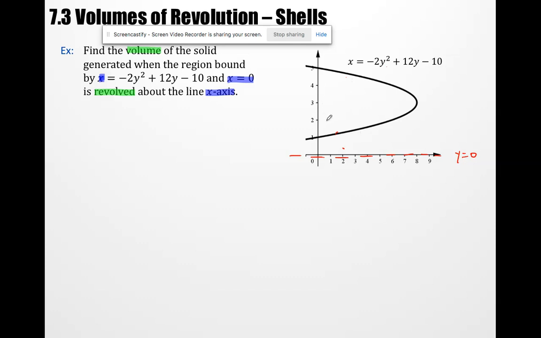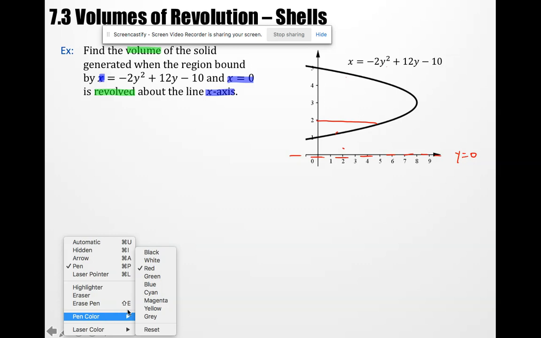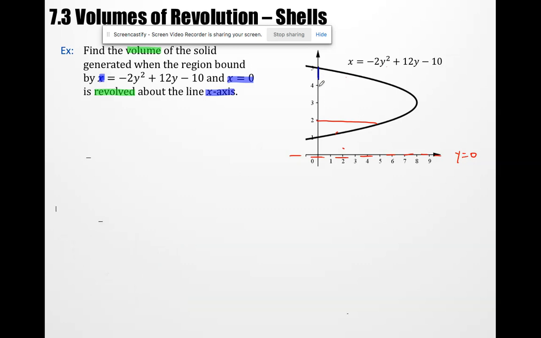I'm going to draw this strip. Remember, I am bounded by the line x equals 0. There's my region. My strip is parallel to the axis of rotation.